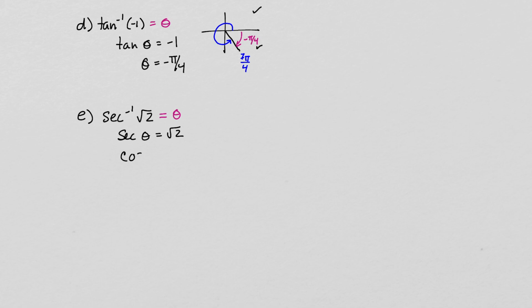So instead I'm going to change it to, if the secant is equal to root 2, that means the cosine is equal to 1 over root 2. And 1 over root 2, if I were to rationalize this, would end up being root 2 over 2. And so that happens when we're in cosine, so we're looking in quadrants 1 and 2. And that happens when theta actually equals pi over 4 in quadrant 1.